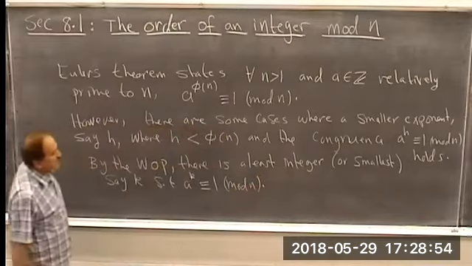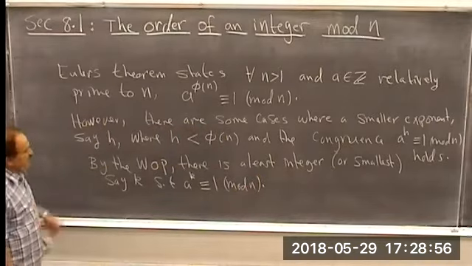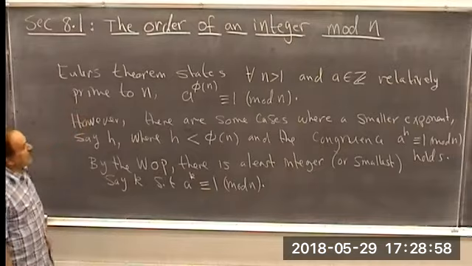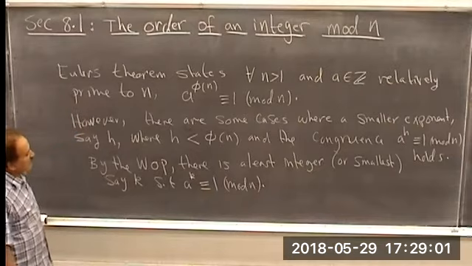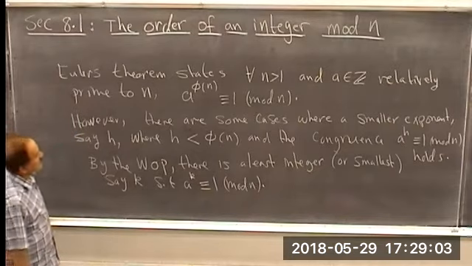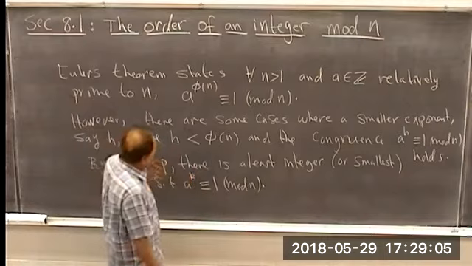And this is the integer we are interested in, the integer which we call the order of the integer a mod n.